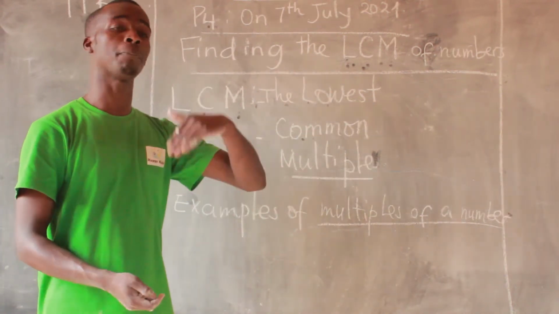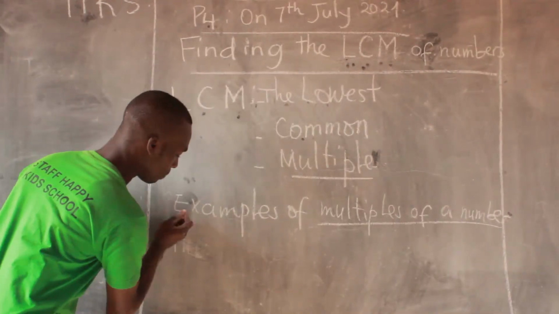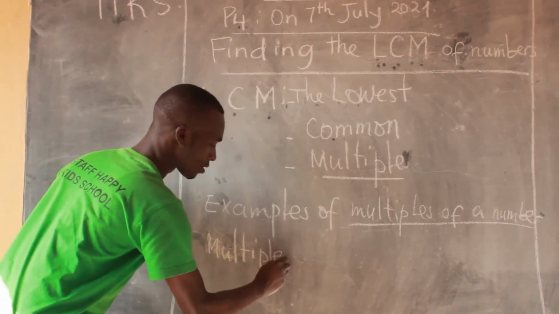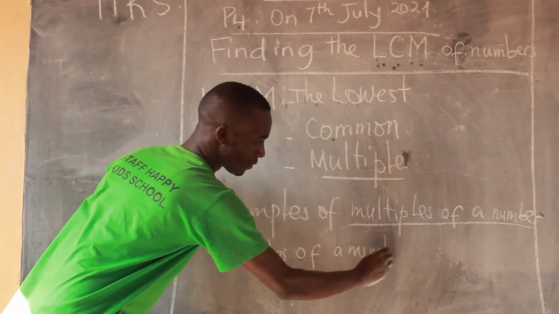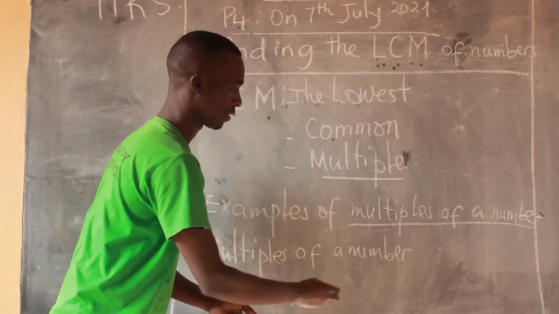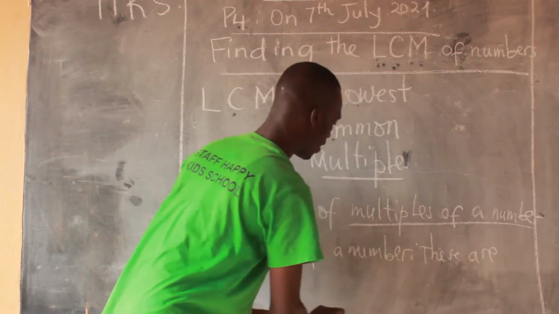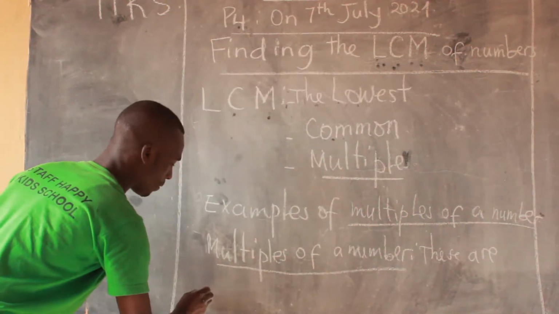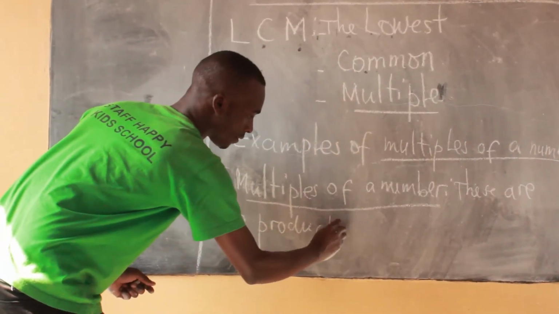The answer we get, the product, those are the products, or the answer after multiplying a number by different numbers.